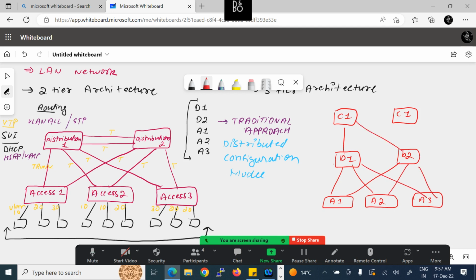That's the only difference. Again, you can see the number of devices has increased. Likewise, the number of configuration commands, because now you have to configure 7 switches instead of 5.